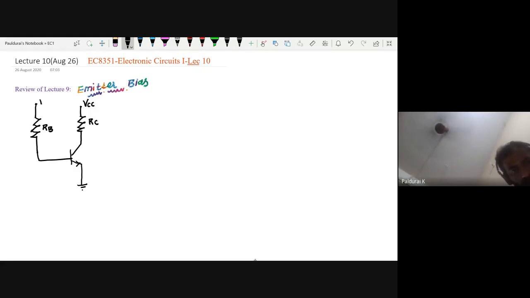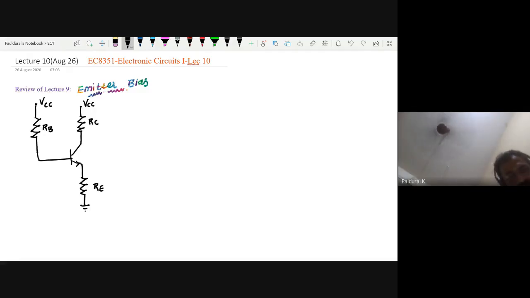Here also I give the same biasing voltage VCC. This time, as the name indicates, emitter bias, I am going to connect one emitter resistance, RE.